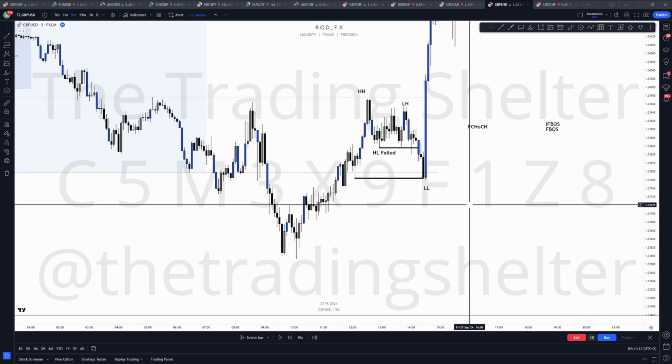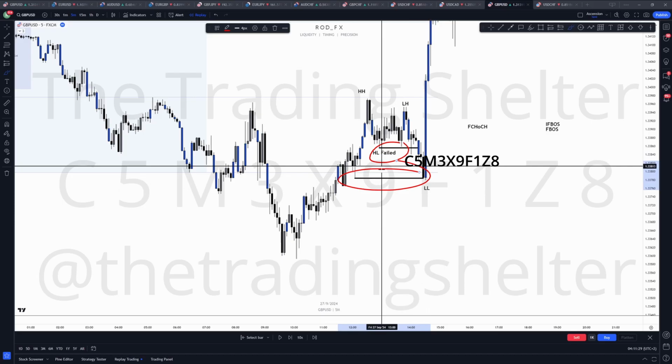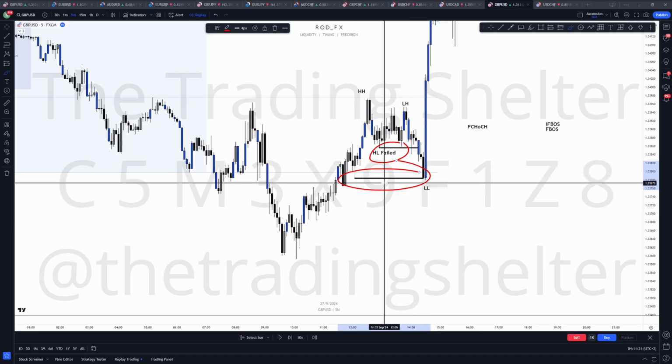I think we could call this a false banana if you want. The intentions are the same. So very important, when you correct your task, when you ask us to check your charts, that you don't get confused if educators correct those false breaks of structure differently. The intentions are the same.